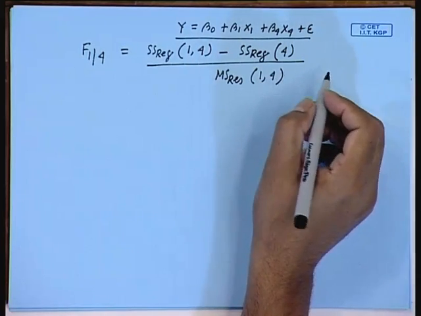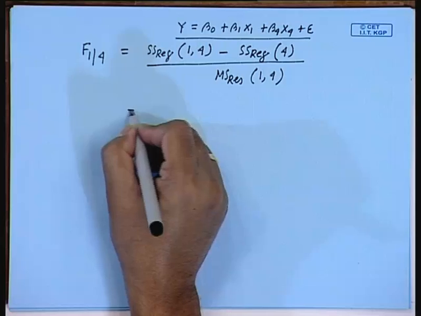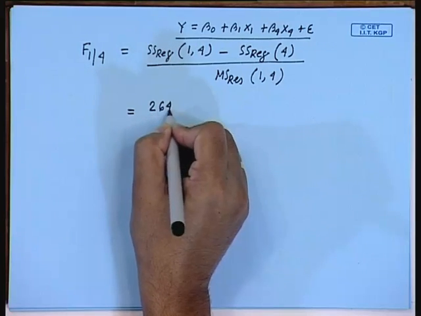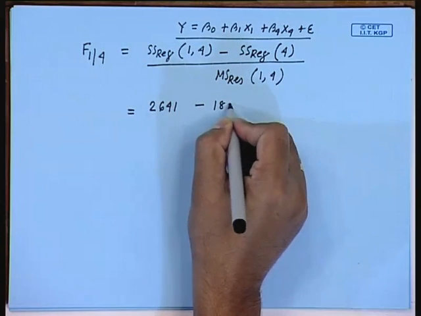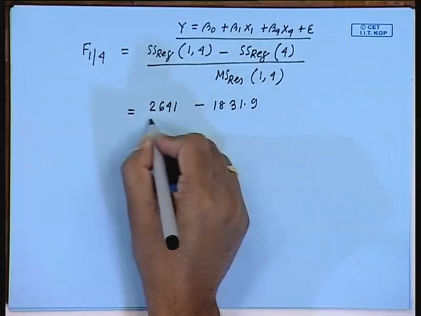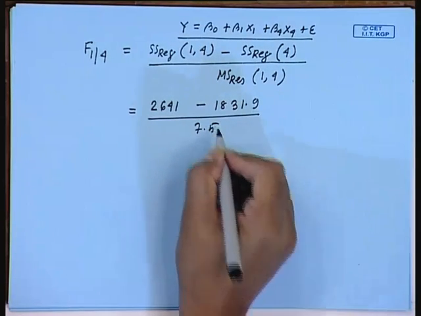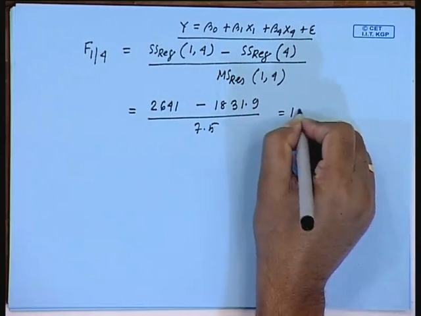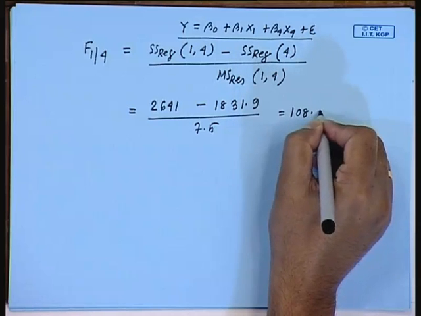Well, you can check that this value is equal to 2641 minus 1831.9 by 7.5, and this is going to be 108.22.